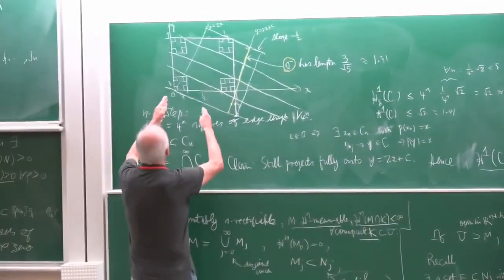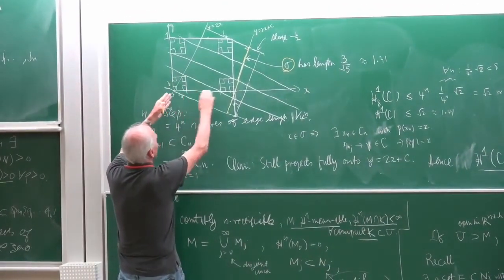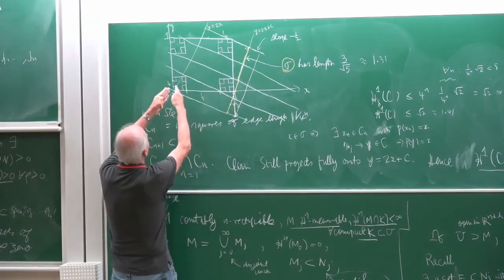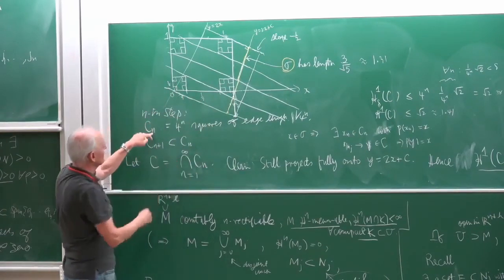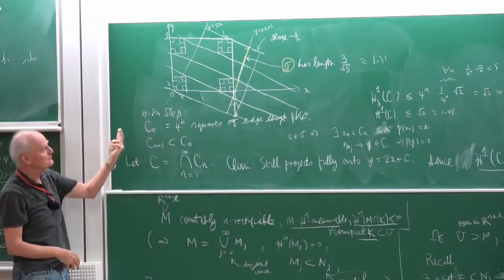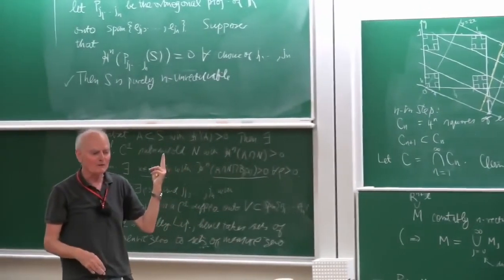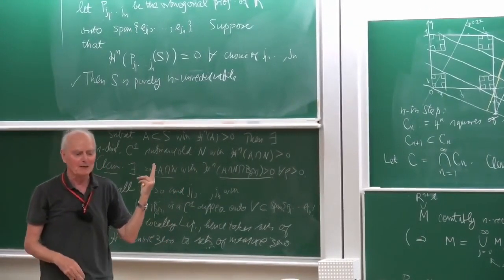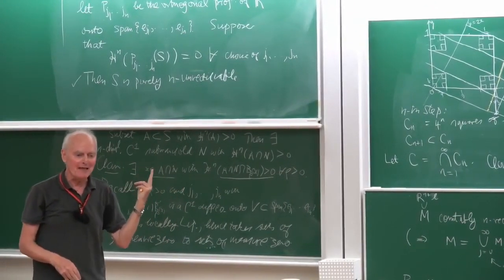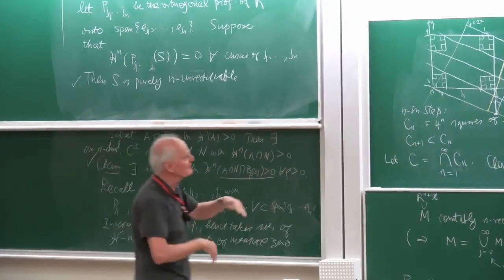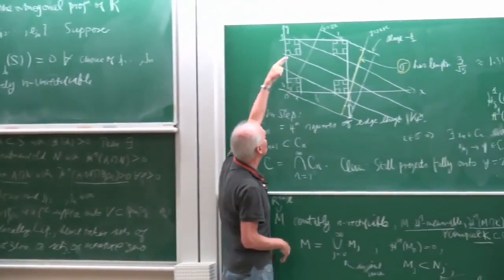But now, where does this lemma come into play? Well, you see, think about projecting onto the x-axis. If we project Cn onto the x-axis, how many intervals of length 1 over 4 to the n do we get? We only get 2 to the n, you see, because they overlap. There's a huge overlap here.